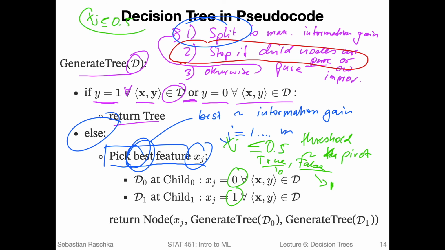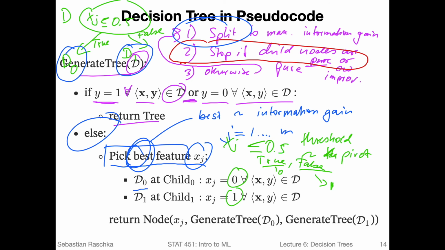And then this is our given node, or the decision criterion at that node. And then we split it into two subsets. So we have a data set D, and we split it into two subsets, subset D0 and subset D1. This would be for the ones where it's true, and this is for the ones where it's false. These subsets then represent our child nodes.